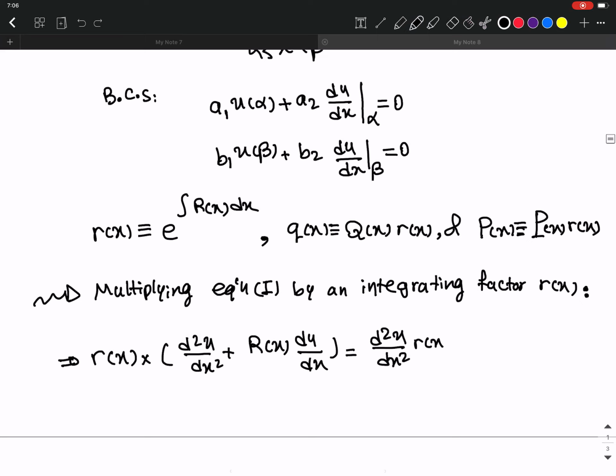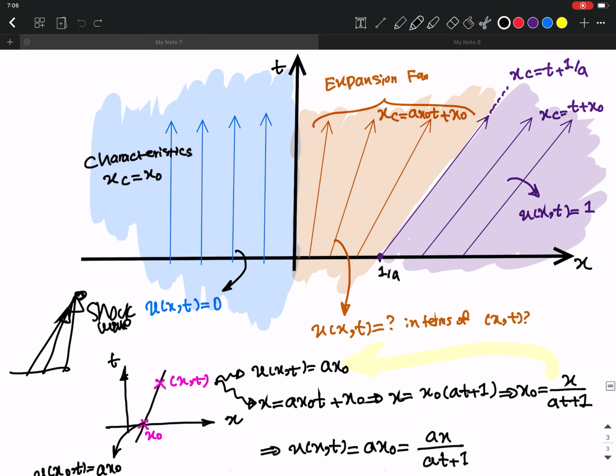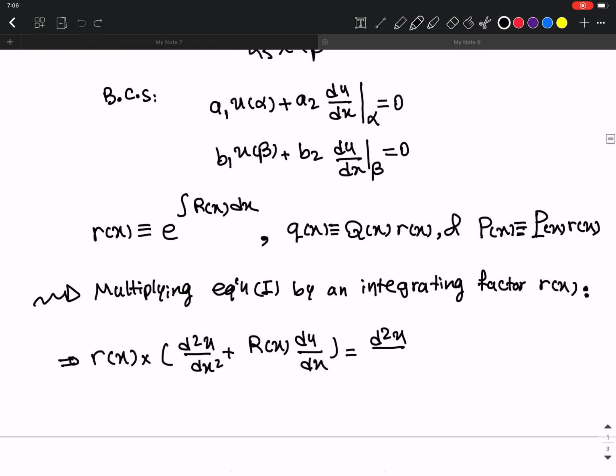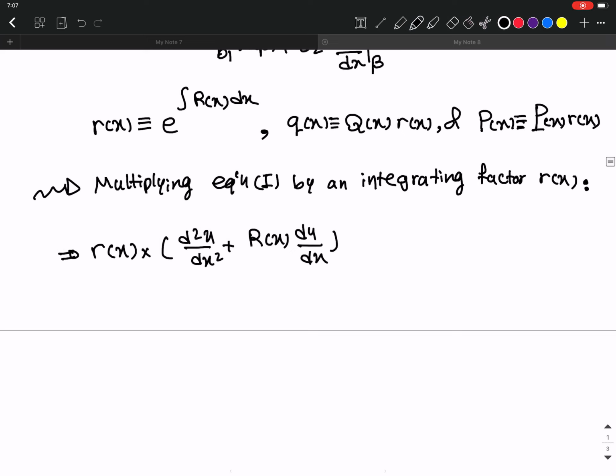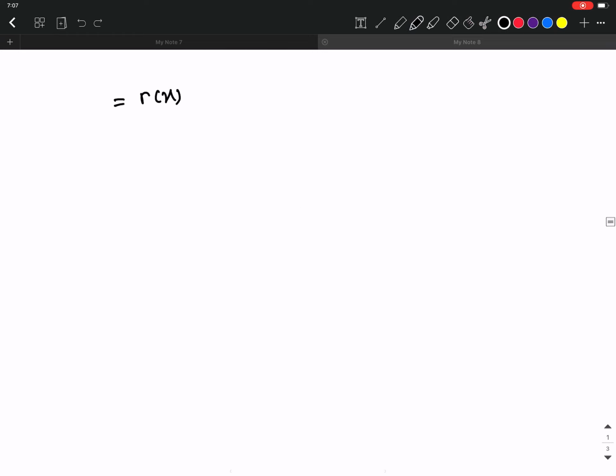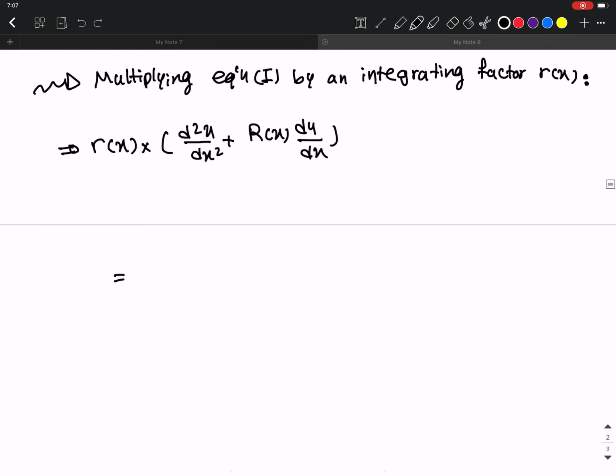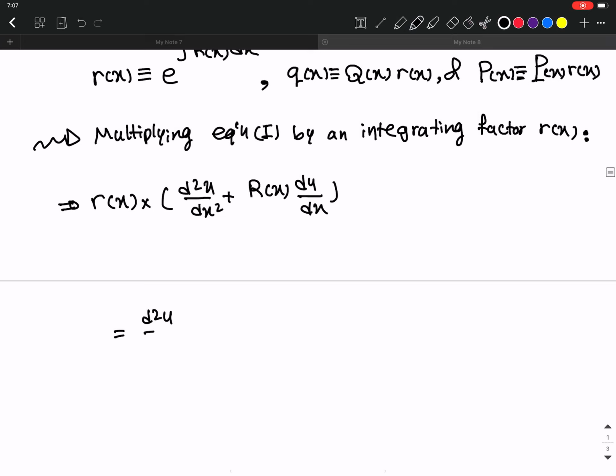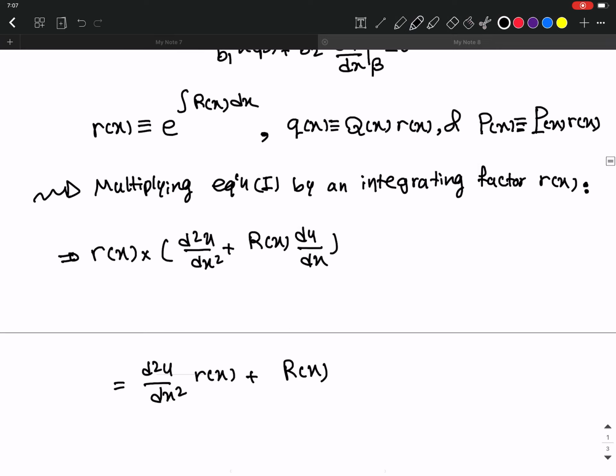Let me do it here. So I'm going to do R(x) times, well, let's write first d²u/dx² times R(x) plus capital R(x) times, now instead of R(x), which I have to write, I'm going to write this term.